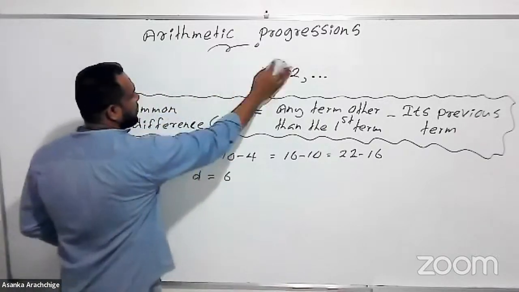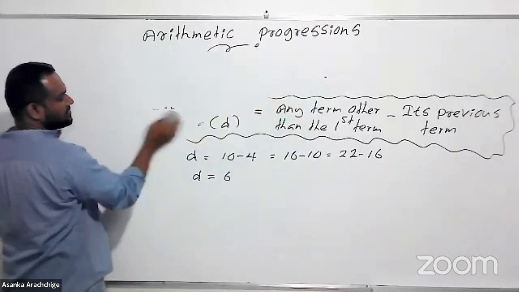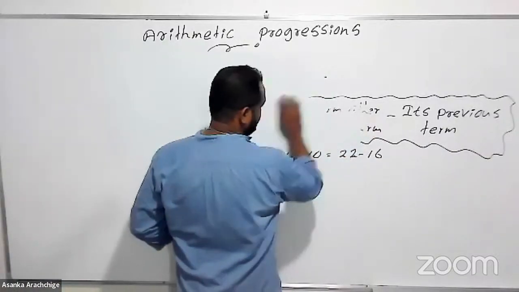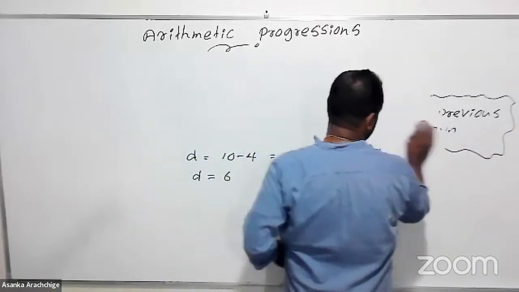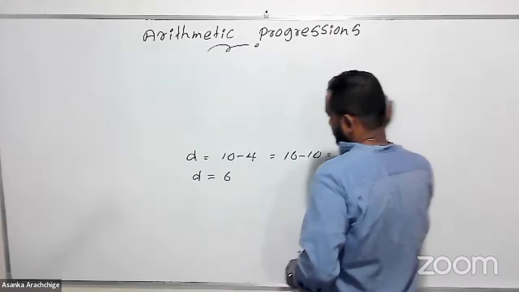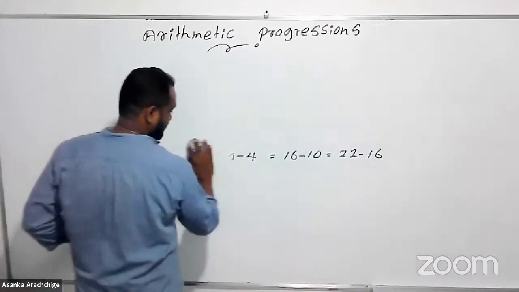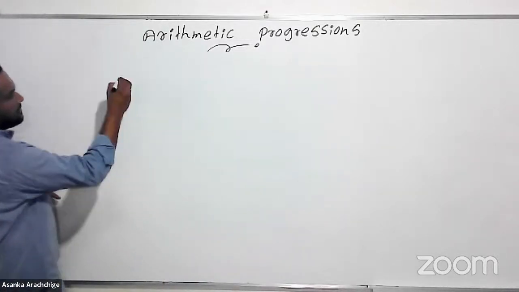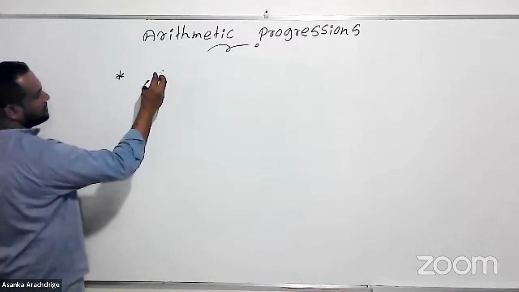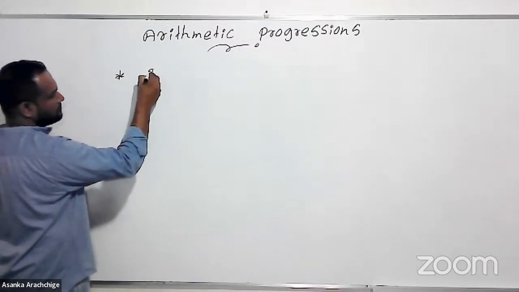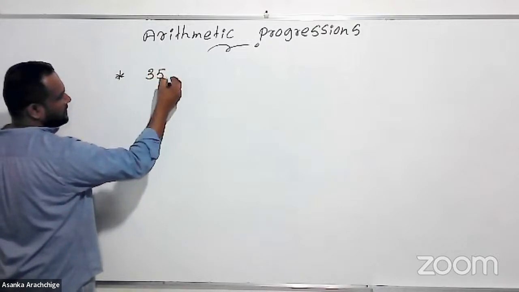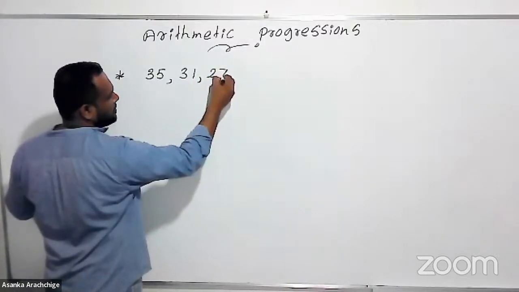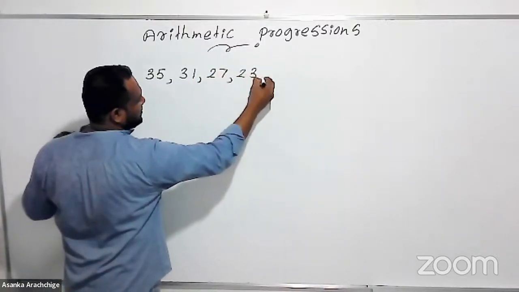Accordingly, find the common difference of these arithmetic progressions. The next one, 35, 31, 27, 23.